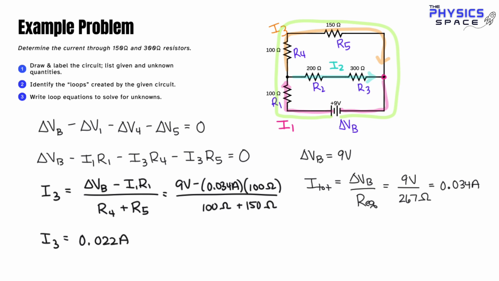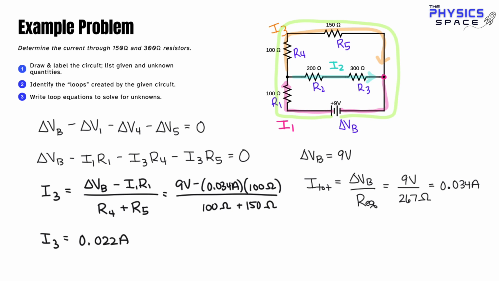So that is the current that goes through this section of our circuit. It's that 0.034 amps in this branch down here. The 0.022 amps goes through R4 and R5, so we've solved for the part of our question where we're finding the current through the 150 ohm resistor.